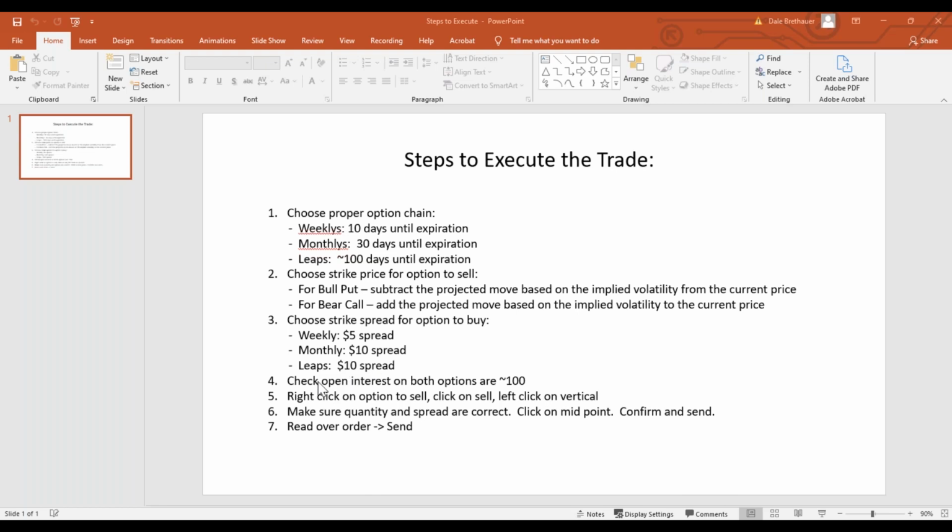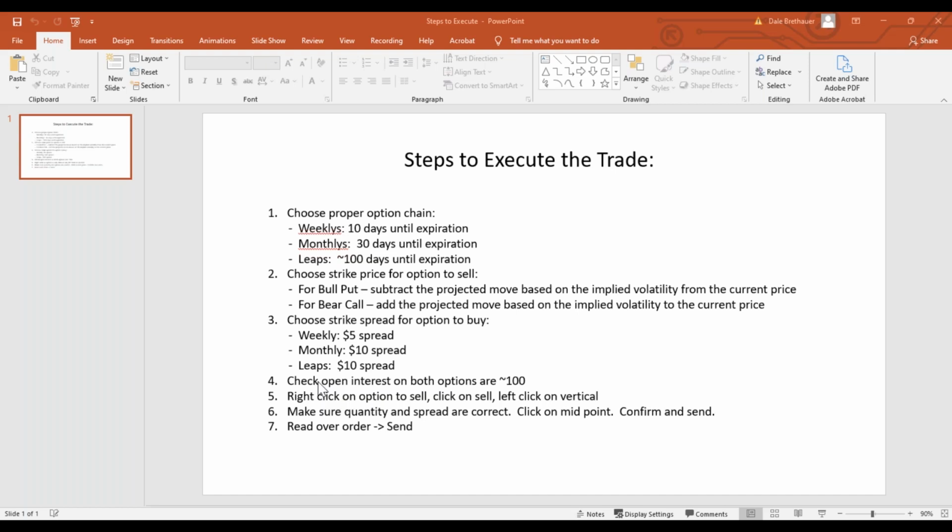You always want to check for open interest. And yeah, I know we just put in a Google trade and the open interest was only around 50. Well, believe it or not, Google has interest, but they usually don't have huge interest.